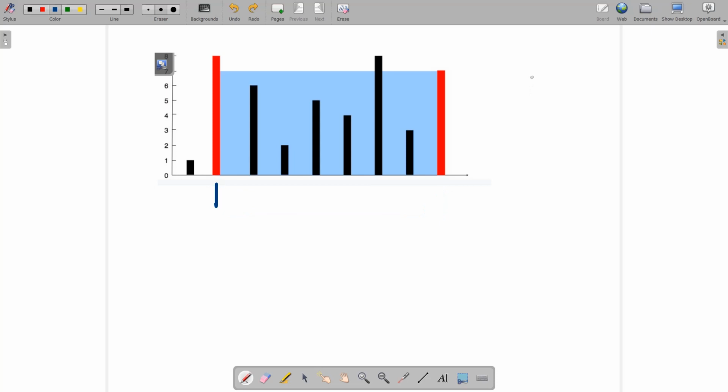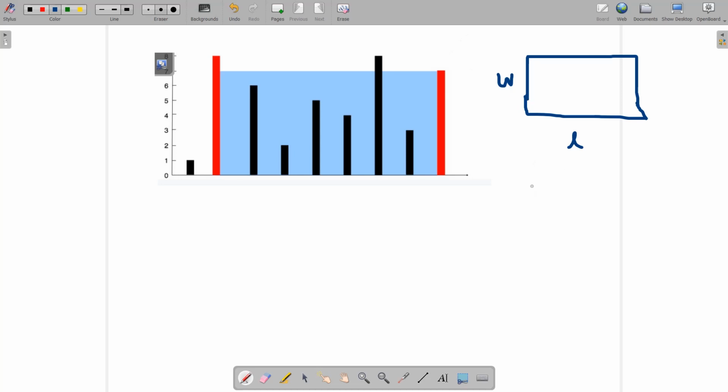We need to find a container that contains the most water, such that the area of the rectangle that is being formed, which contains the water, is maximized. Suppose L is the length of the rectangle and W is the width.